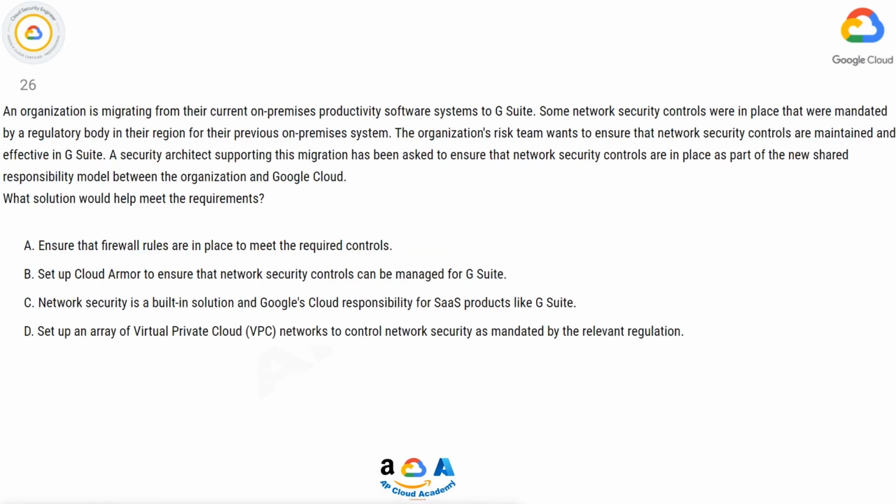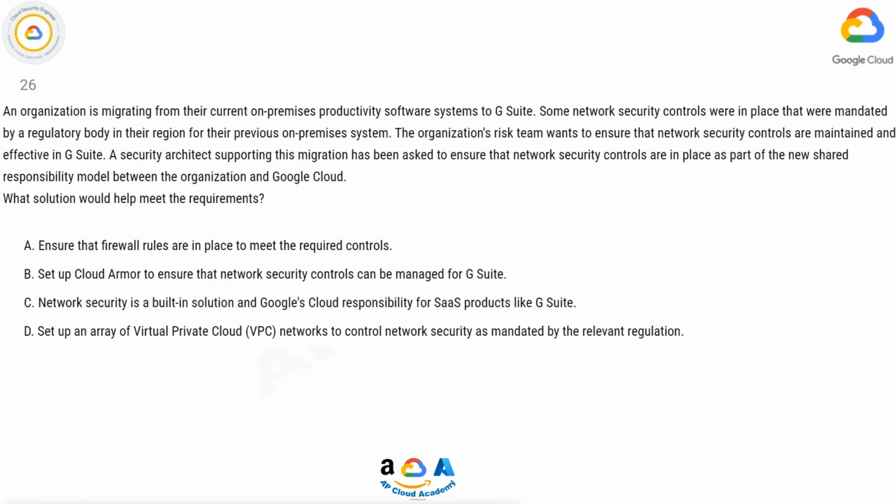26. An organization is migrating from their current on-premises productivity software systems to G Suite. Some network security controls were in place that were mandated by a regulatory body in their region for their previous on-premises system. The organization's risk team wants to ensure that network security controls are maintained and effective in G Suite. A security architect supporting this migration has been asked to ensure that network security controls are in place as part of the new shared responsibility model between the organization and Google Cloud.